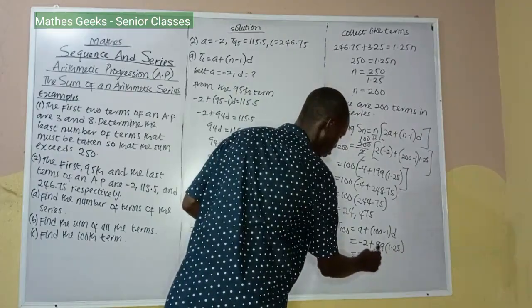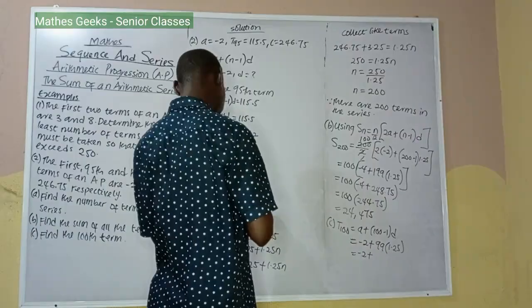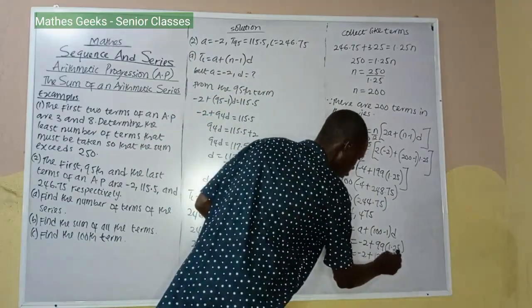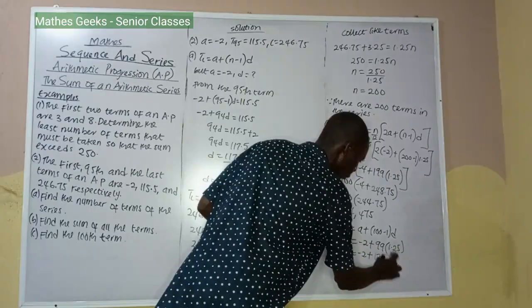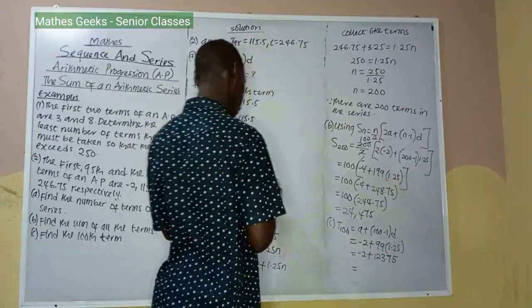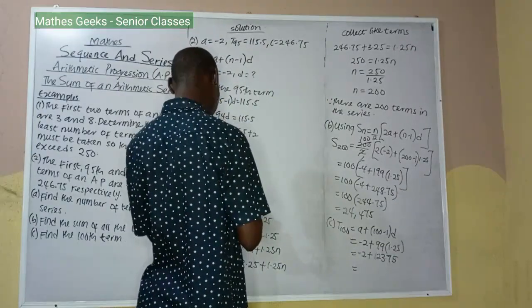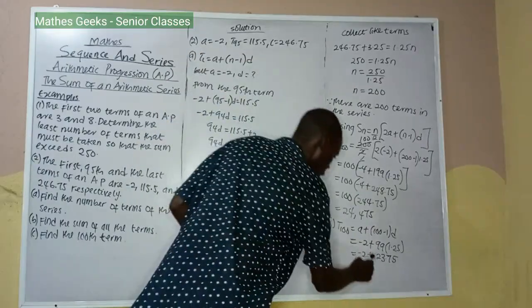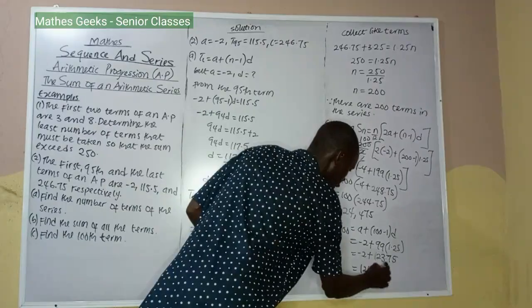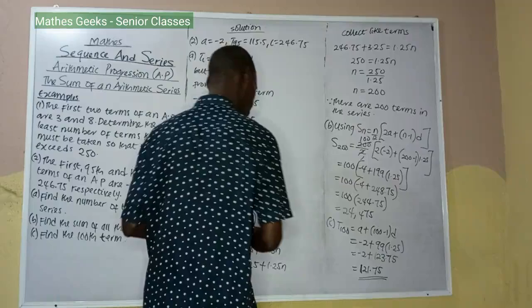So minus 2 plus 99 times 1.25. 99 times 1.25 is 123.75. So minus 2 plus 123.75 is 121.75. That's the answer.